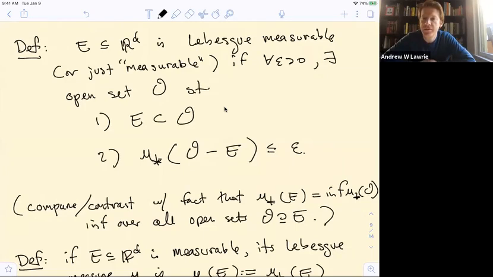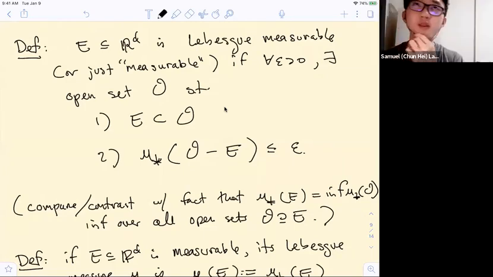Any other questions? Can I ask, can we possibly change the definition of measurable set in some sense so that we actually assume that all measurable sets satisfy the finite additivity property?